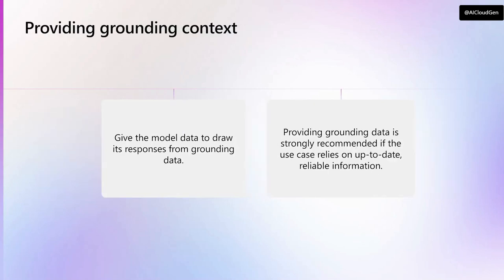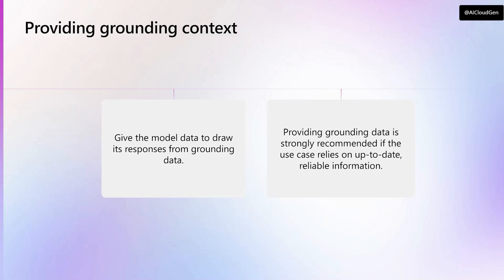The next part of prompt engineering is providing grounding context. Always provide some grounding data for the models, because one of the efficient ways to get a reliable answer is to give the model data from which it can get the responses. One of the techniques we are going to talk about in tomorrow's session is how to augment large language models with your organization data.